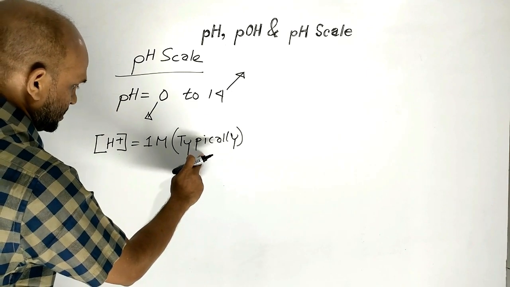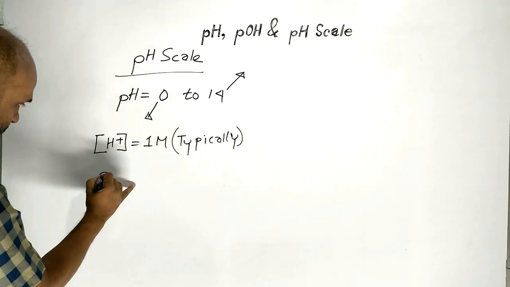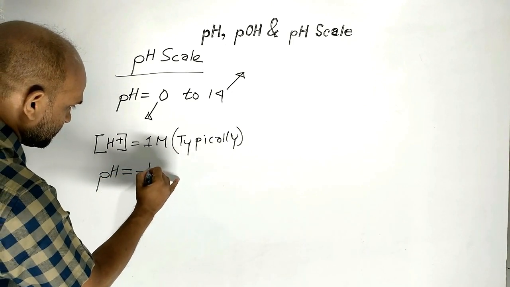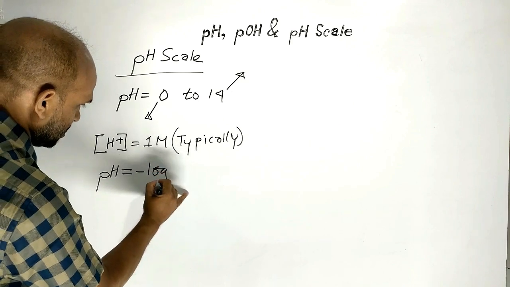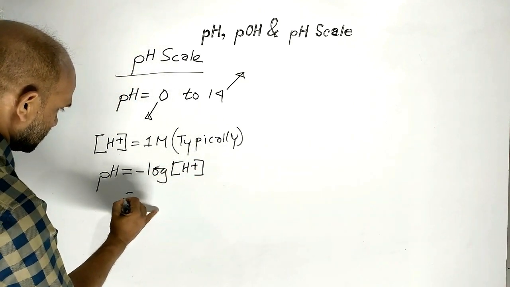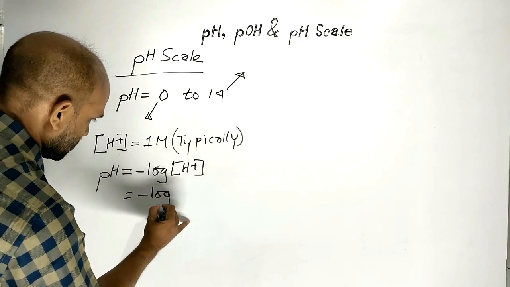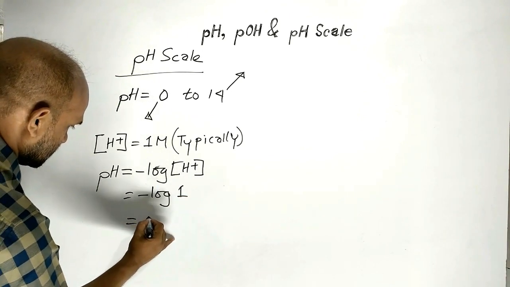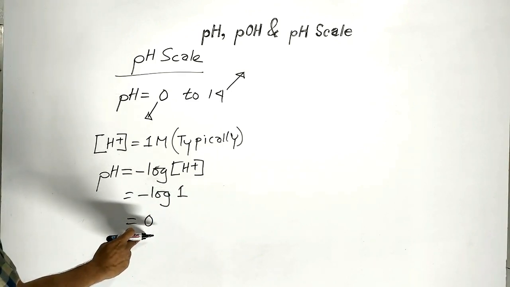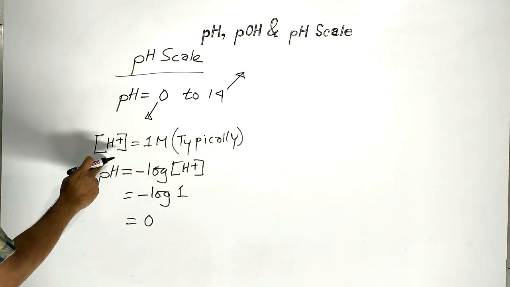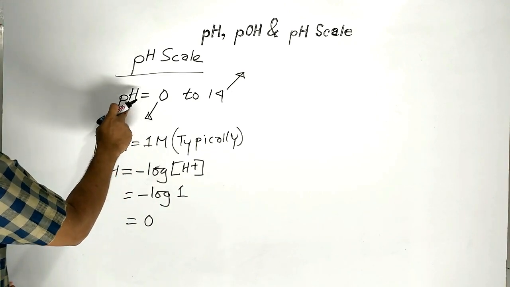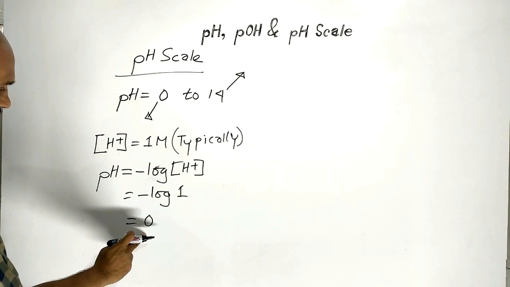So in this case, what will be the value of pH? Minus log of concentration of hydrogen ion, minus log 1. This is 0. Log 1 is equal to 0. So when the concentration of hydrogen ion is 1 molar, then pH value will be 0.